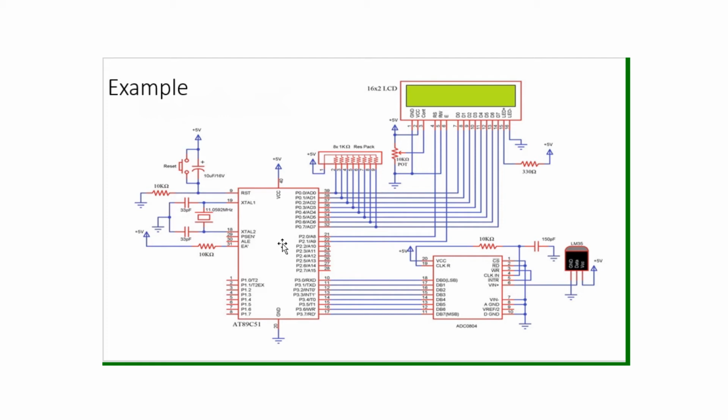Like when the temperature is beyond 30 degrees Celsius, you want the cooler fan to be turned on, and when it is less than 30 degrees Celsius, the cooler fan can be turned off. That program is put into your microcontroller so that the microcontroller will enable or disable your cooler fan when the temperature is beyond or less than the expected value.